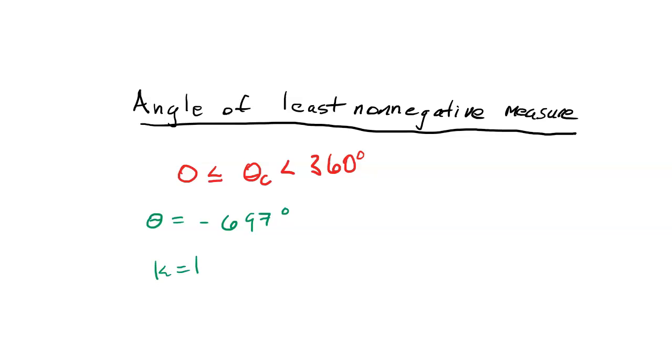So when k equals 1, we have negative 697 degrees plus 1 times 360 degrees. And this is going to be equal to negative 337 degrees.